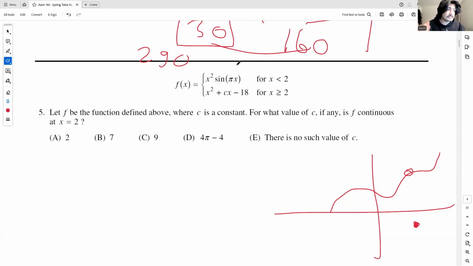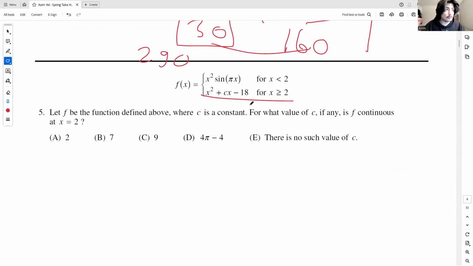So basically, in this question, we're trying to satisfy this requirement by making this two-piece function look like one function. We have to set these values equal to each other, so we make sure our function is not jumping anywhere. How can I do that?